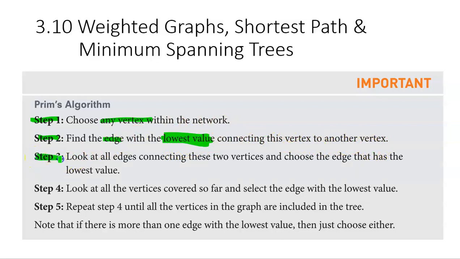This one must be highlighted. Step 3, look at all edges connecting these two vertices and choose the edge that has the lowest value. The keyword here is lowest, and lowest again. That means you always look for the lowest value. Then repeat steps 2 and 3 until you finish all the vertices. Let's look at the first example. We do not delay.